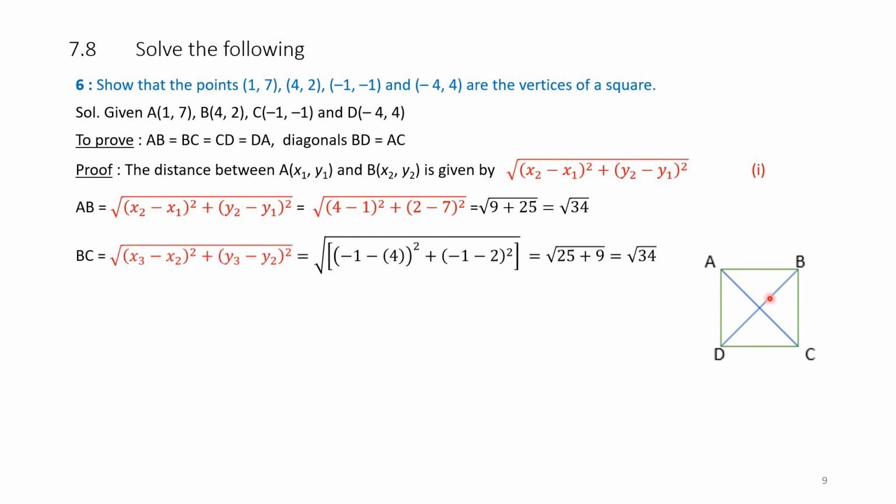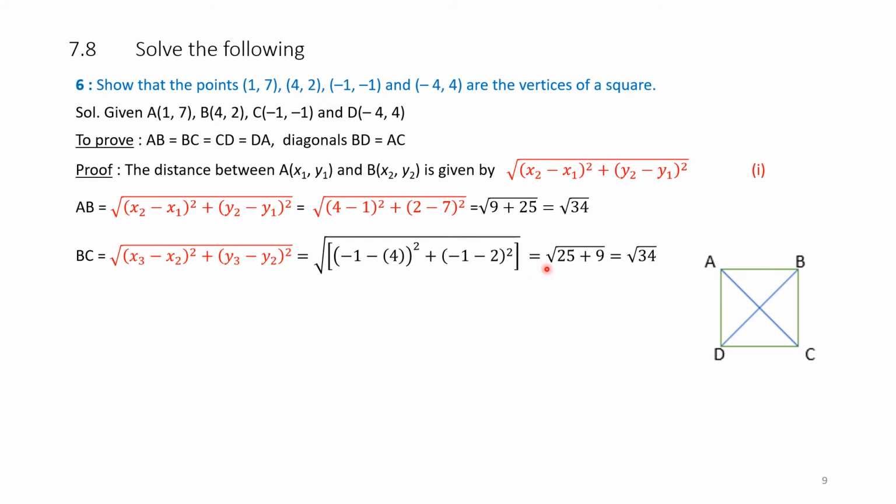Similarly, we will substitute the coordinates of points B and C. Here we get (x3 - x2) whole square plus (y3 - y2) whole square. x3 is -1 and x2 is 4, whole square, plus y3 is -1 and y2 is 2. Sorry, y2 is 2.